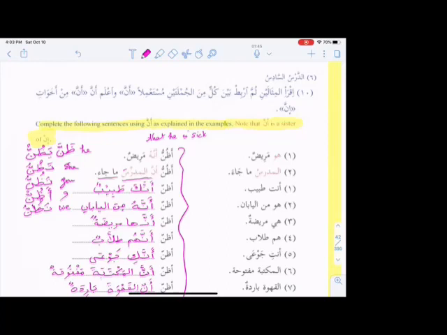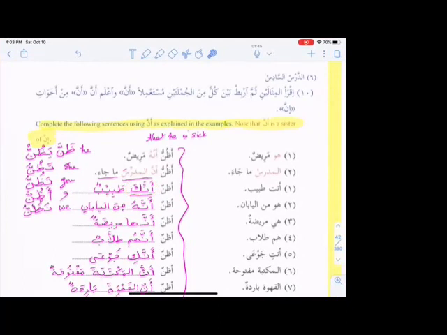Simple, beautiful. أنت طبيب. أظن then أنك. See how it changes here. أظن أنك طبيب. I think you are a doctor.